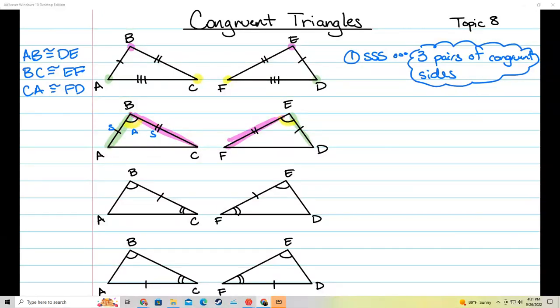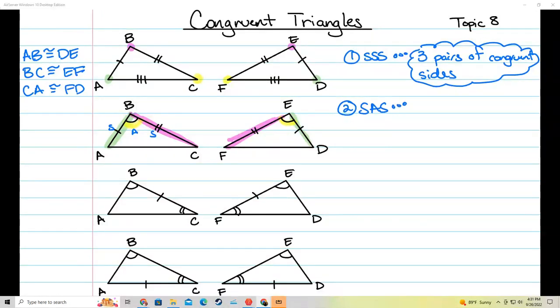So we're going to call this second theorem side angle side congruency. What that means is if you're able to establish two sides and the angle in between the two sides to all be congruent, then I know the two triangles are exactly the same. They're just in different spots.